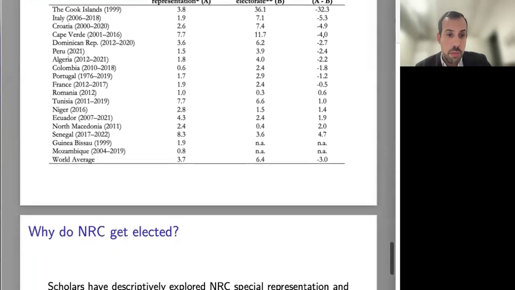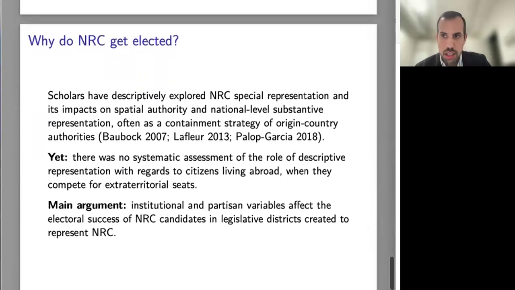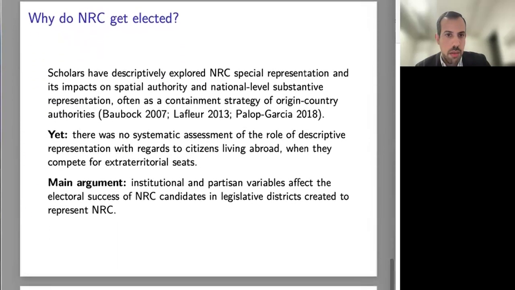Coming to the other component of this presentation, and for time's sake, I'm going to be very brief in this part. As I mentioned during this presentation, scholars have descriptively explored non-resident citizens' special representation and its impacts on special authority and national-level substantive representation, often as a containment strategy.